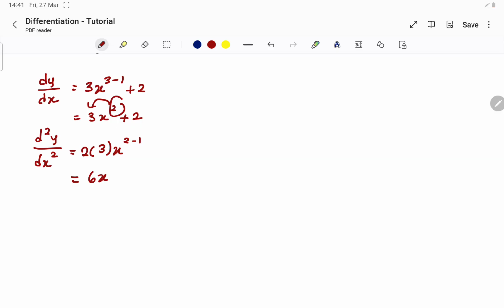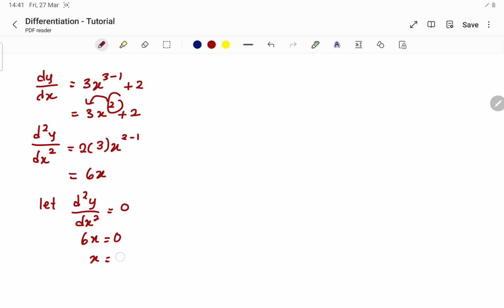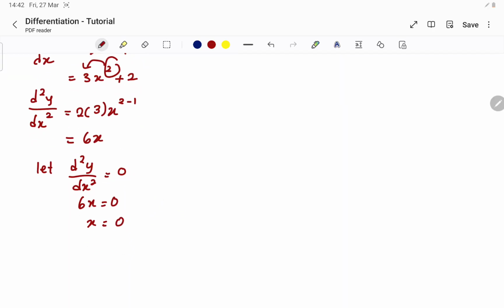So you have to let d squared y/dx squared equal to 0. Then 6x is equal to 0, then x becomes 0 over 6, 0 over 6 becomes 0. Now this is your x.